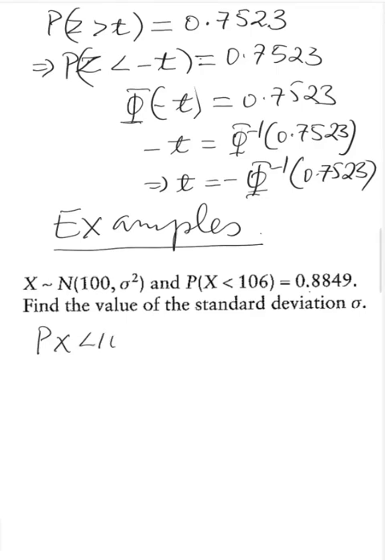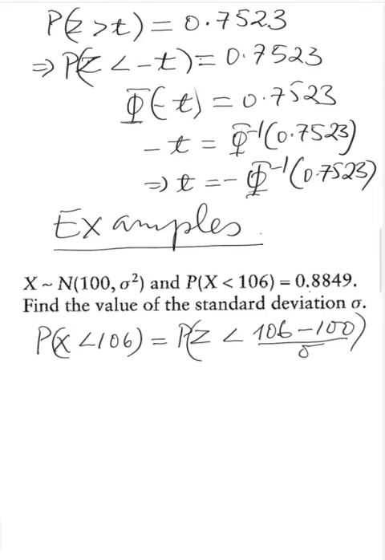So p of x less than 106 corresponds to p of z less than 106 minus the mean of the distribution, which is 100, divided by sigma, the standard deviation that we are seeking to find. And we are told that this probability is 0.8849.